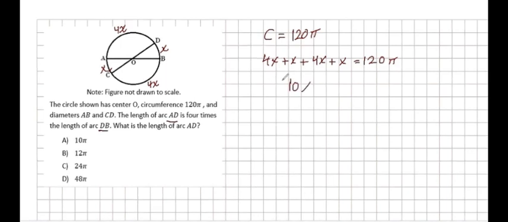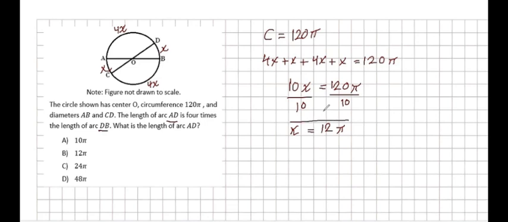So we can write 10X equals 120 pi. Our task is to get the value of X, so we divide both sides by 10, and we get X alone equals 12 pi.